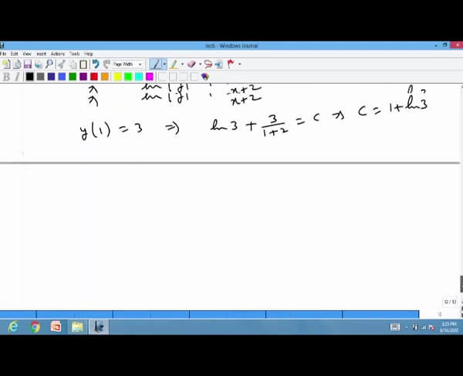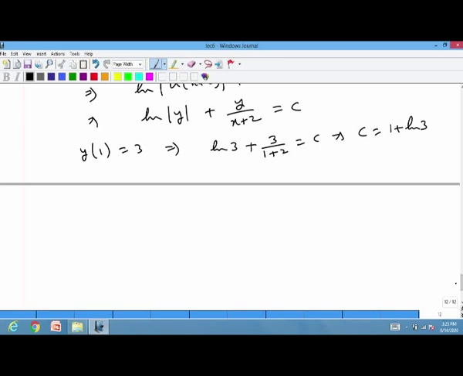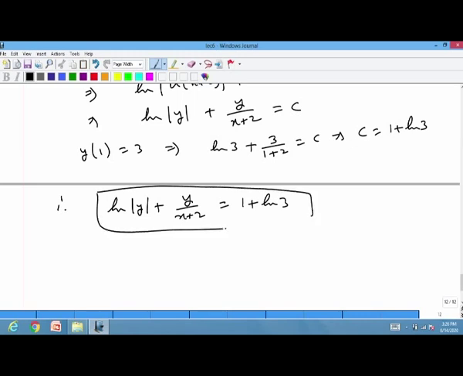So the solution curve is given by log|y| + y/(x+2) = 1 + log 3. This is the equation of the solution curve.